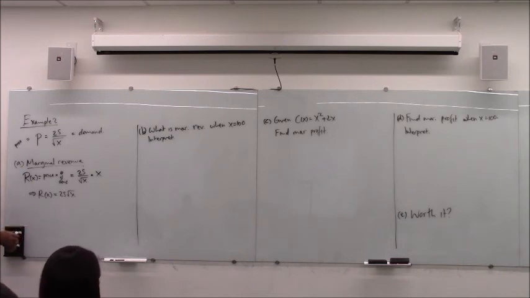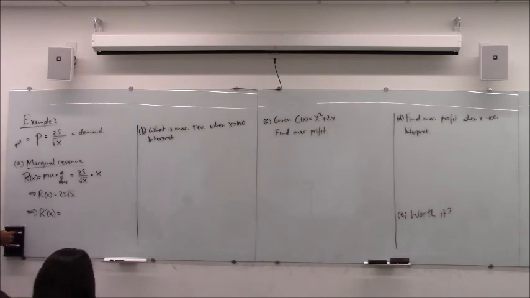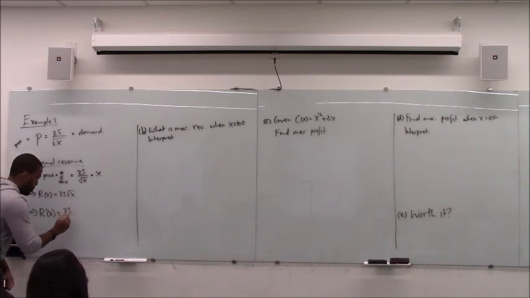You just put in 100? No? So this is revenue. How do we find marginal revenue? It's the derivative. What's the derivative of that? 25 over 2 root x.